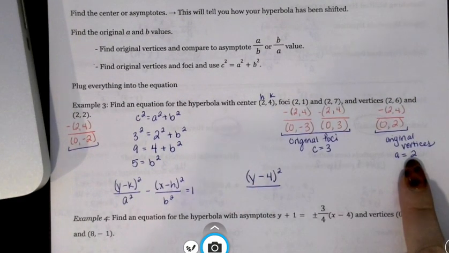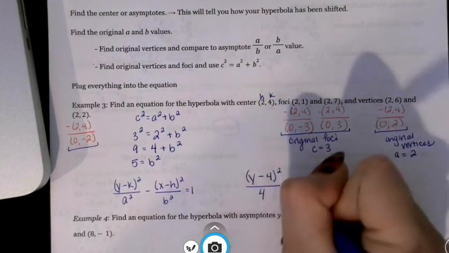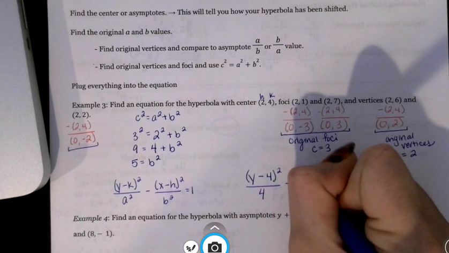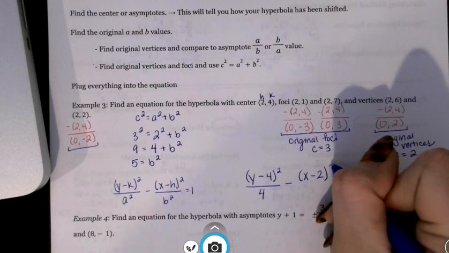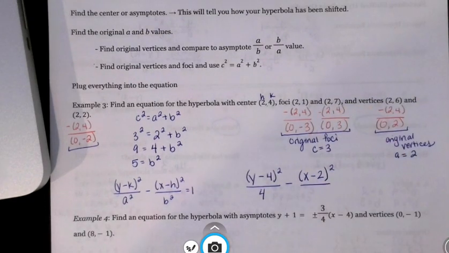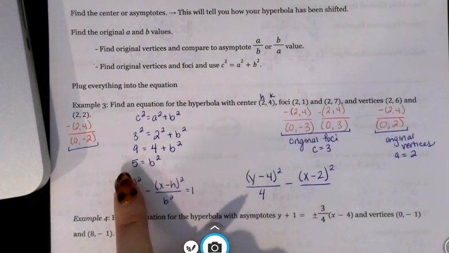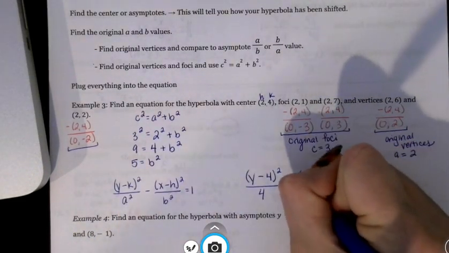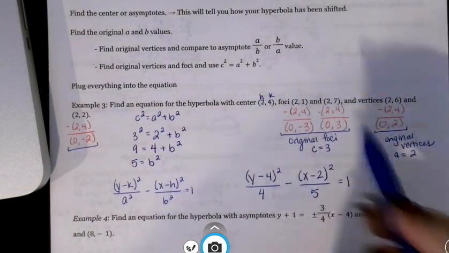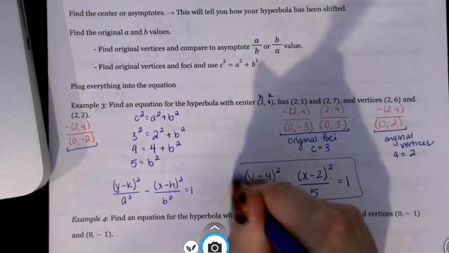Well, if a is 2, 2 squared is 4. Then I have minus x minus my h, which was 2 from up here, over b squared. Well, b squared is 5. I don't have to square that because b is already squared, so I have 5. And then it's equal to 1. And that is my equation.